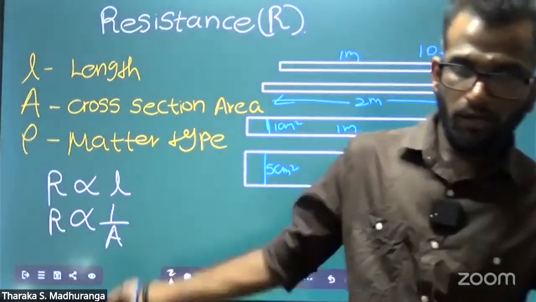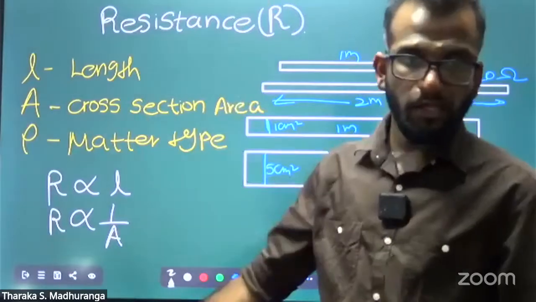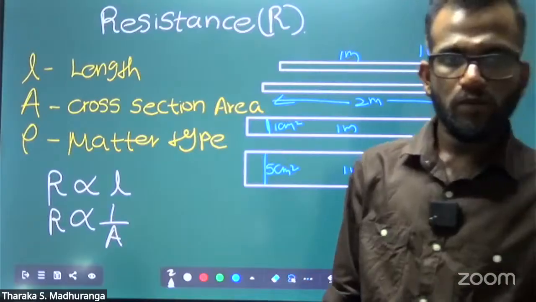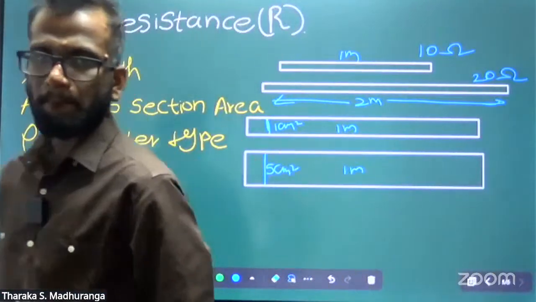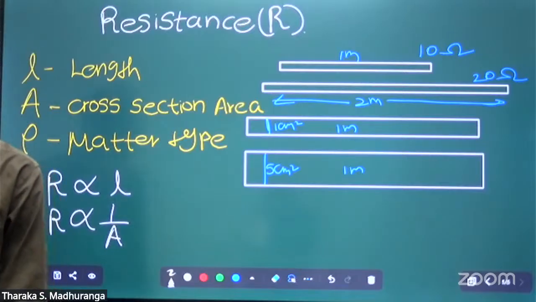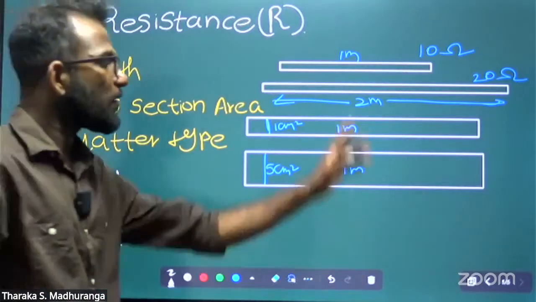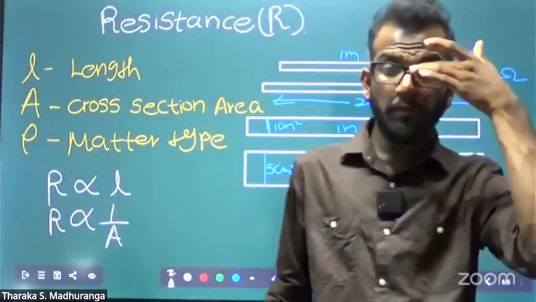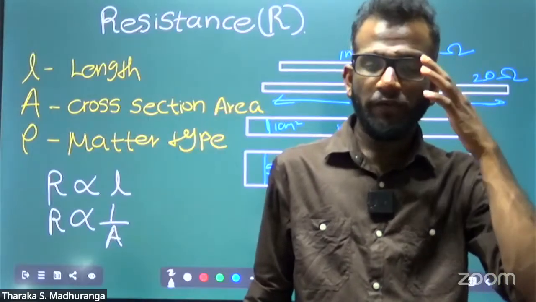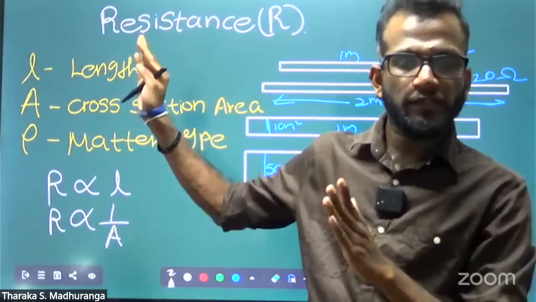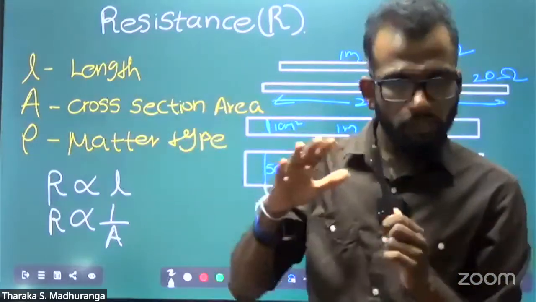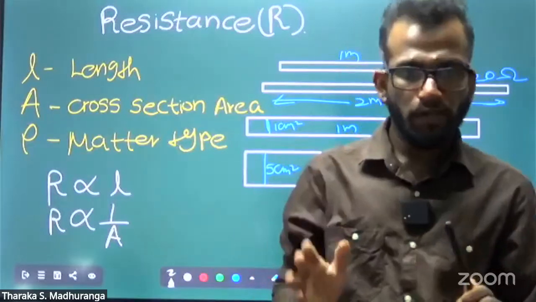When A increases, R decreases. Understood? They are very, very important things you need to remember. If you do not remember the basic part we discussed up to now, after Ohm's law, you need to remember it very well.